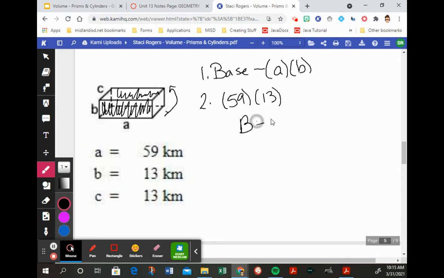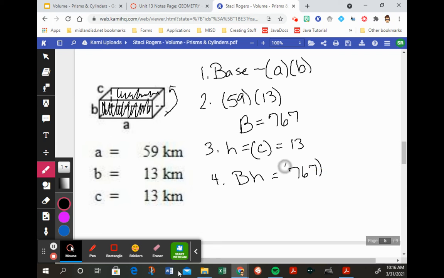So big B equals 767. Step 3, what is my height? Height equals C, which equals 13. Step 4, big B times H equals 767 times 13. I get 9,971 cubic kilometers equals the volume.